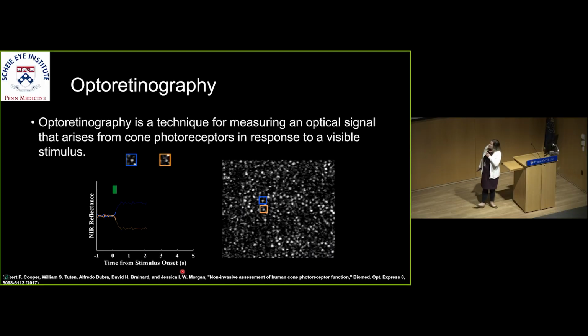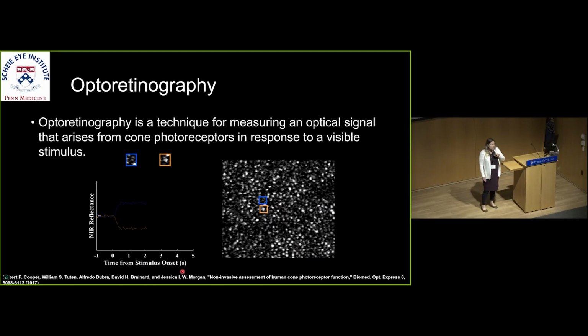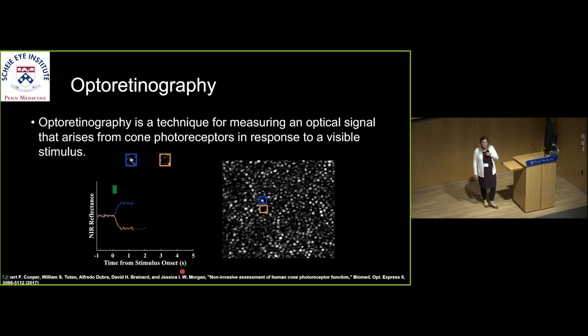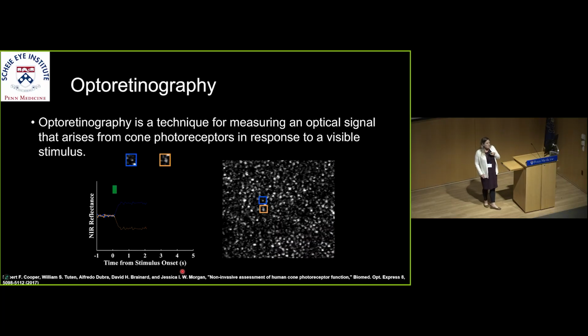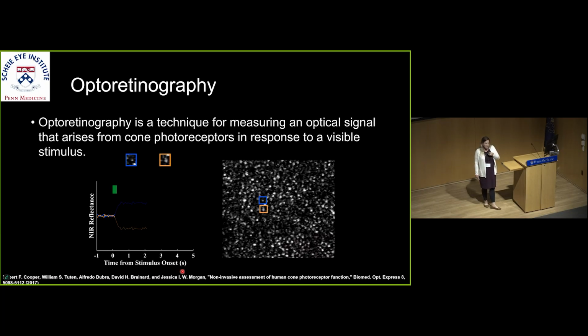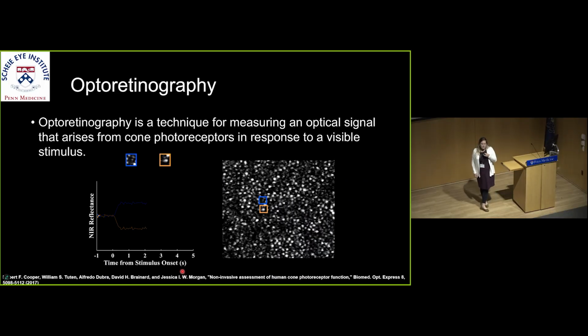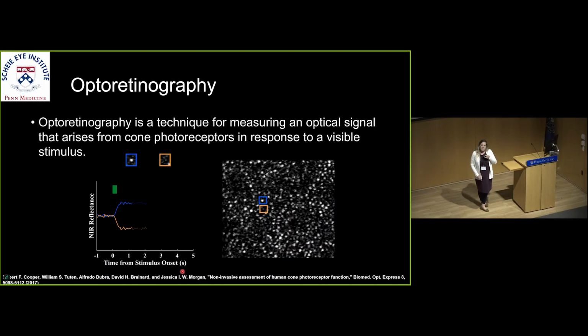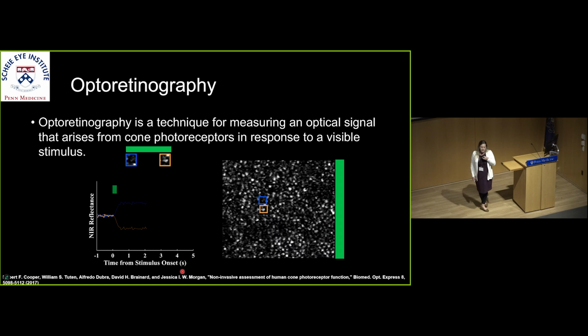So here is just an example video sequence with the adaptive optics SLO, where in the middle of the sequence, we stimulate all of the photoreceptors with a green light, the whole imaging field. And then we track the cell's intensity throughout the course of this video.